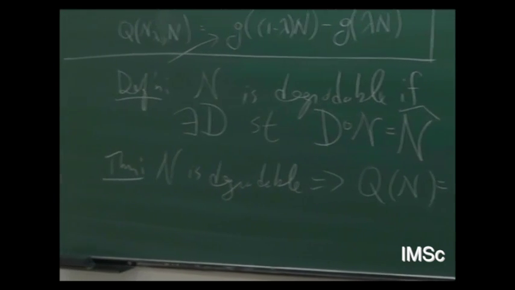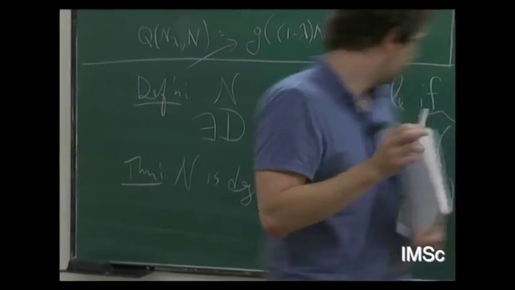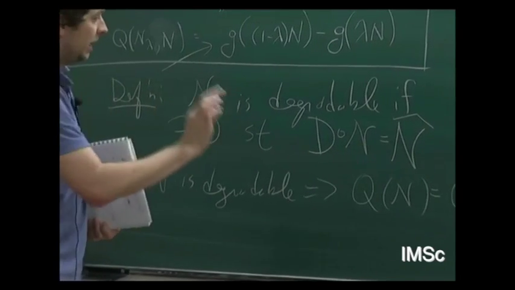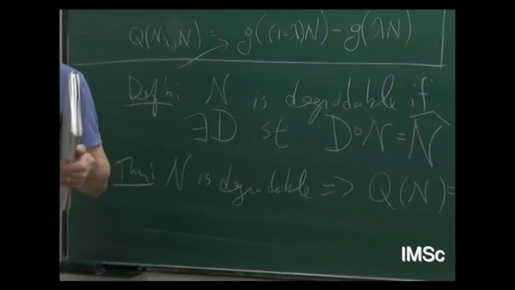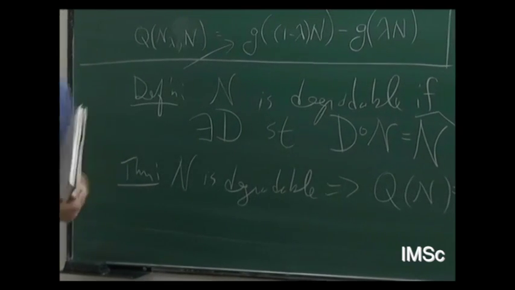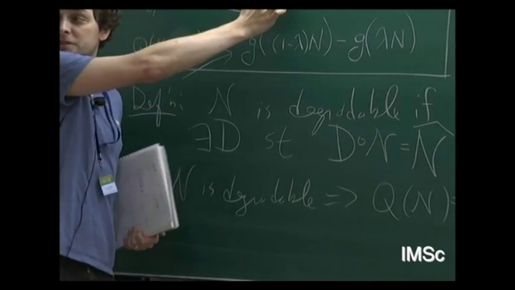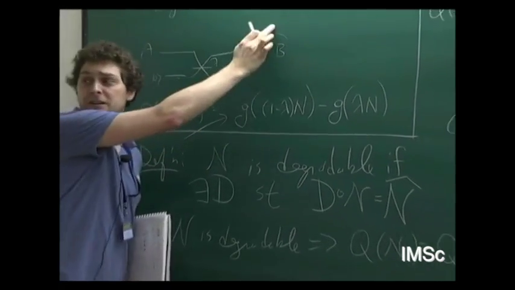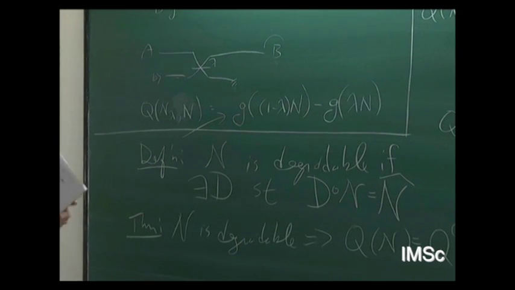No, it's Q1 of N. Okay? If I have a degradable channel, Q of N hat is 0. Right? That's similar to yesterday, right? Because I know that this knows strictly less than this person. So if I had a capacity from here to there, it would mean a capacity from here to there, and it would give me cloning. So that gives a test for having 0 quantum capacity.